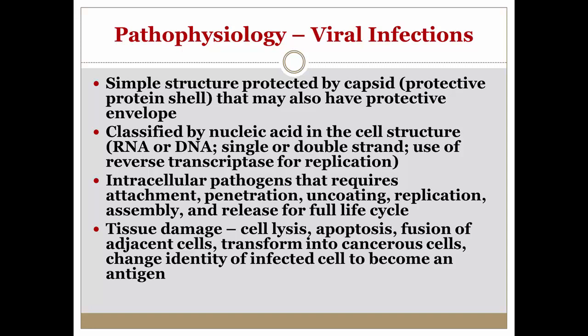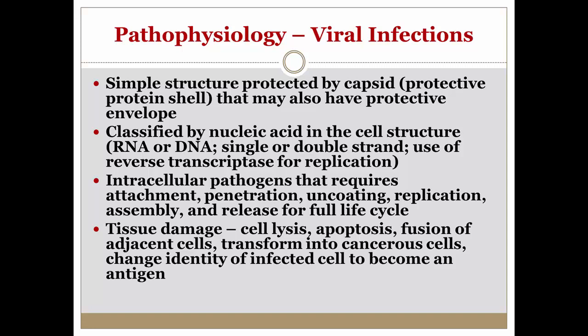Therefore, when a virus infects a cell, it becomes incorporated in that plasma membrane of the cell itself, and when the immune system comes by, it sees this cell as self. It doesn't see it as completely abnormal or completely antigenic. So that's an important thing that they're able to do.